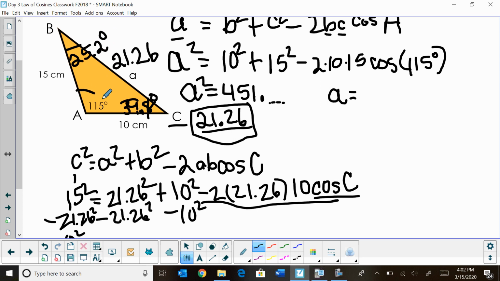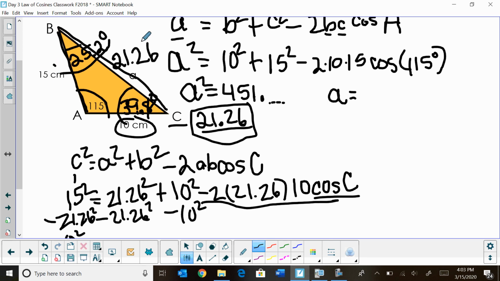The largest angle is 115 and the side opposite it is 21.26. The next longest side is 15, the angle opposite is 39.8. And the smallest side is 10, so the angle opposite it is 25. Yes, that makes sense. As the sides get smaller, the angles associated with those sides also get smaller. So we've solved the triangle.